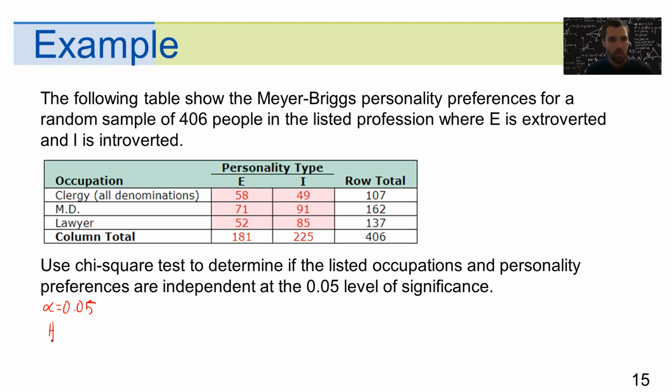So our null hypothesis is that the Myers-Briggs, which I'm just going to write as MB, personality preference and the profession, the selected professions, whether it's the clergy, medical doctor, or lawyer, are independent.